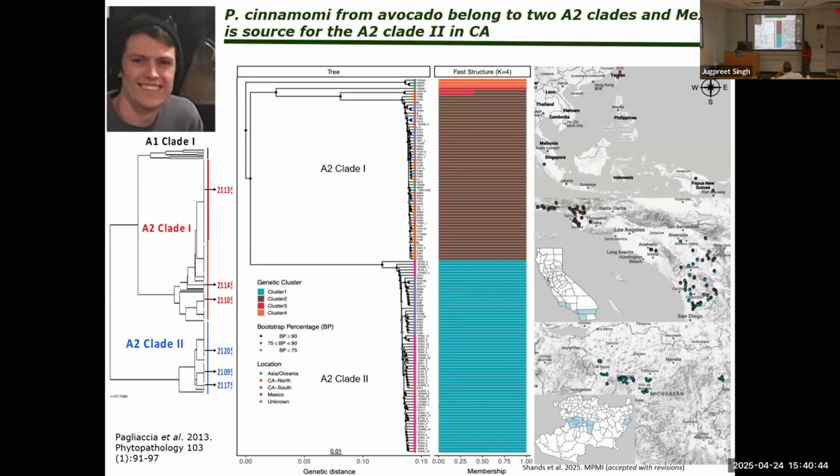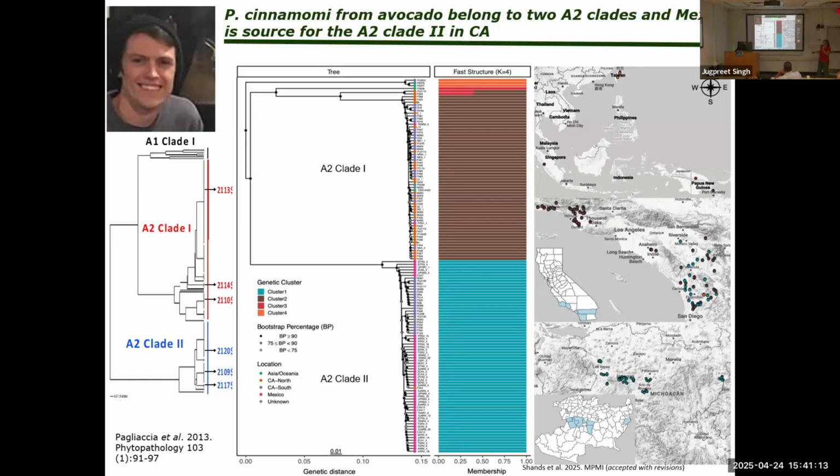The purple are the California southern growing areas. The orange are the northern areas, what we call Santa Barbara and Ventura. Among those 50 isolates you only have 2 Mexican ones, and the rest of the isolates from Michoacán were in clade 2, grouped with the Southern California population.